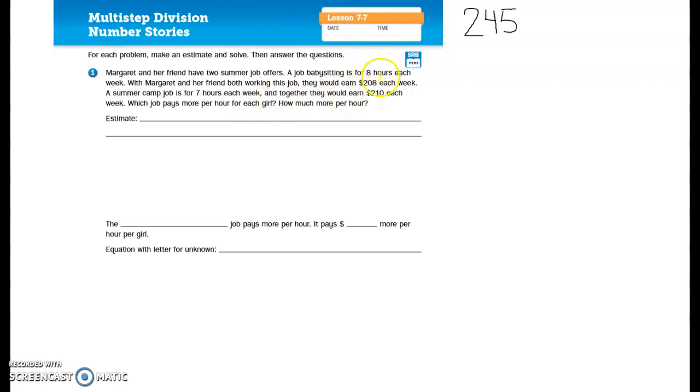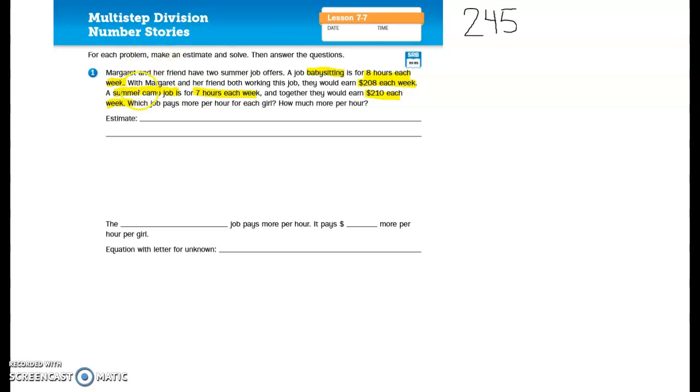So let's highlight, babysitting is 8 hours each week. With Margaret and her friend both working this job, they would earn $208 each week. A summer camp job is for 7 hours each week. So summer camp job, 7 hours each week. And together they would earn $210 each week.